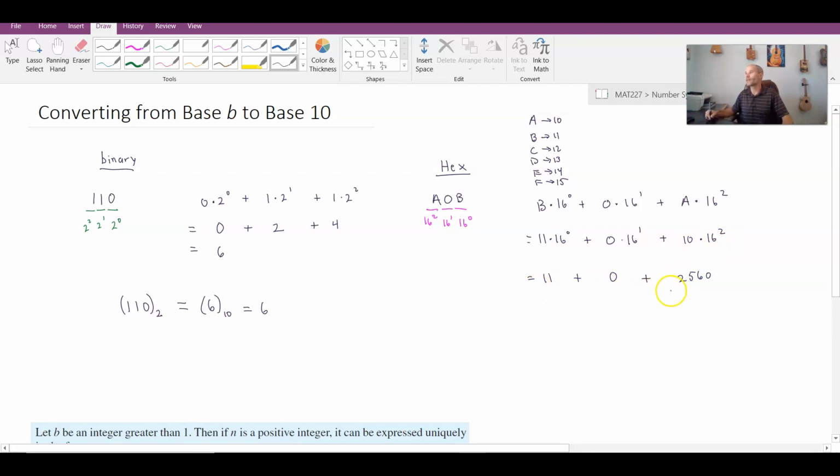And so now I'm just working in standard base 10, and 11 plus 2,560 is 2,571. So the conclusion I can make is that A0B, which is in hexadecimal representation, is equal to 2,571 in base 10 representation, and if I want to omit that base, I can just say that that's equal to 2,571.